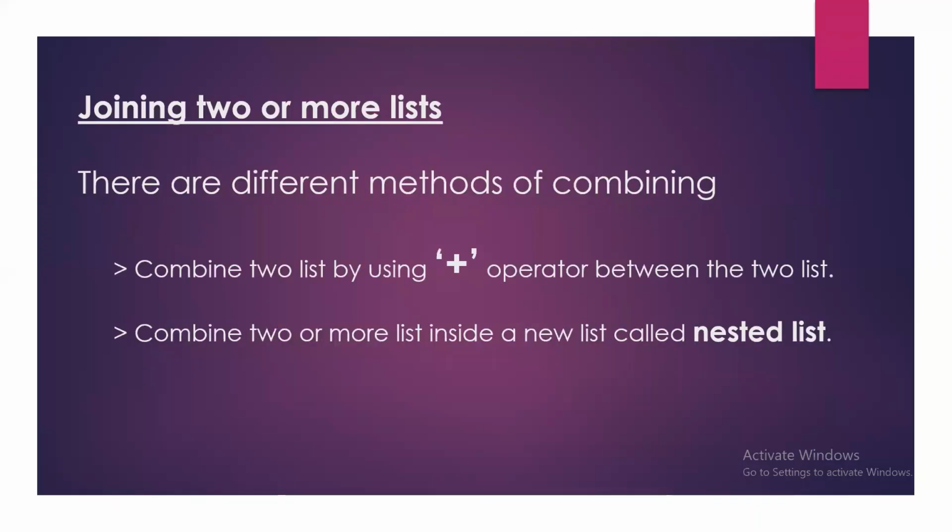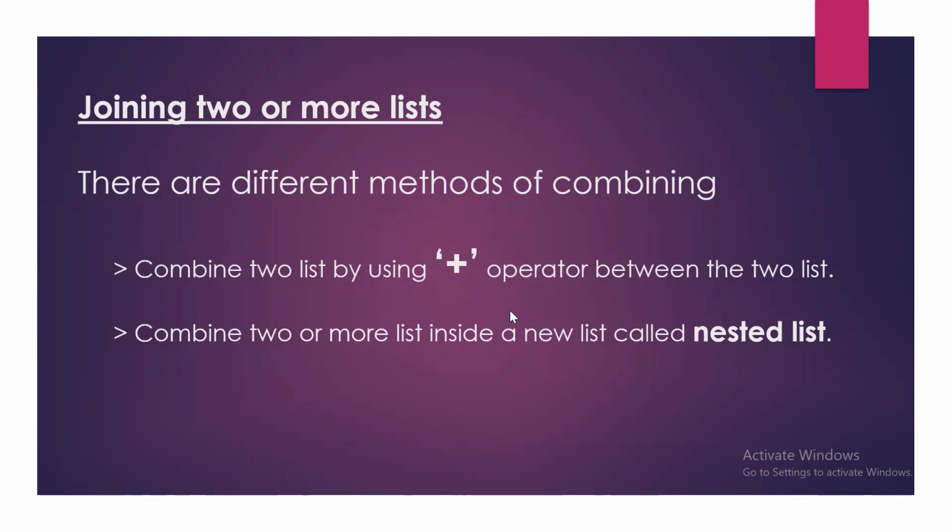We can also join two lists or two or more lists. There are different methods to combine two or more lists. We can combine two or more lists by just using a plus sign between the names of two lists.